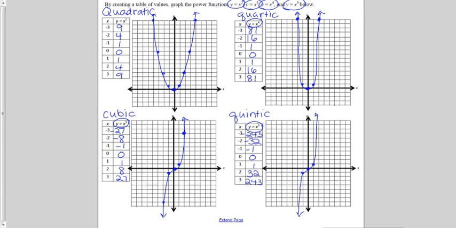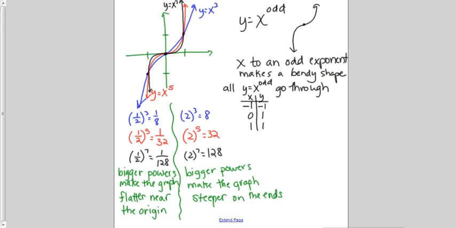So let's take a general look at my x cubed, x to the 5th, x to the 7th. All of these with odd exponents are going to make this bendy shape right here. They're all going to go through these same 3 points in the beginning.